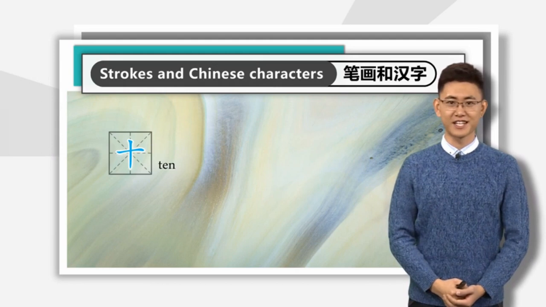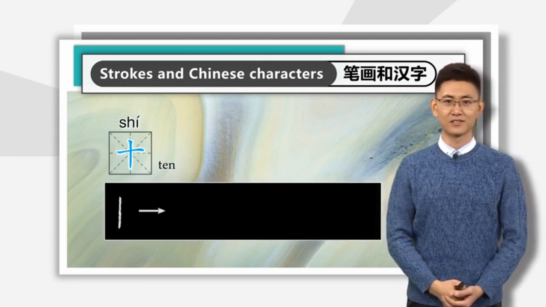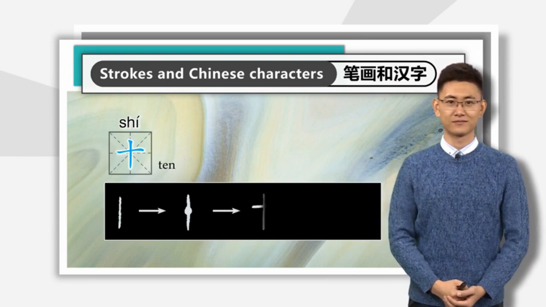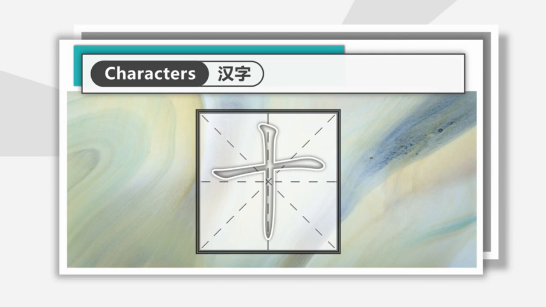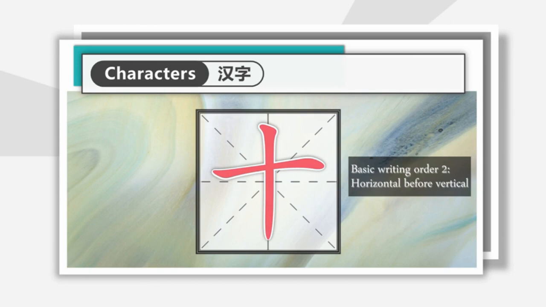The pronunciation is 十. 跟我读 十. Please write it with me. The writing order is first, we write the horizontal, and then the vertical.